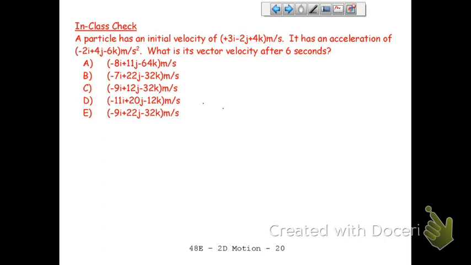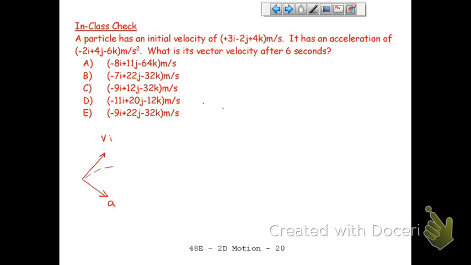A particle has an initial velocity. I'm not going to draw this to scale. I'm just going to say it's got an initial velocity, and that's my Vi. And it has an acceleration. I don't know what this acceleration is, so let's just put it down like that. What is its vector velocity after 6 seconds? Well, I do know some things. I know that velocity is going to tend to be curved around by that acceleration.